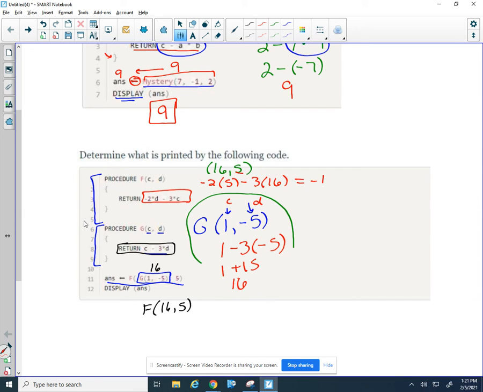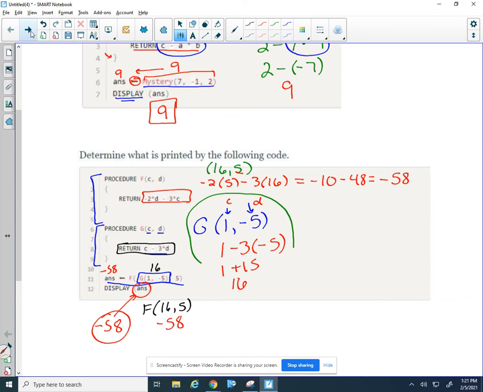So this is -10 minus 48, which is -58. So now that we found F of 16 and 5, that's our last thing. This evaluates to -58, which gets stored in the answer and then displayed. So your answer would be -58.